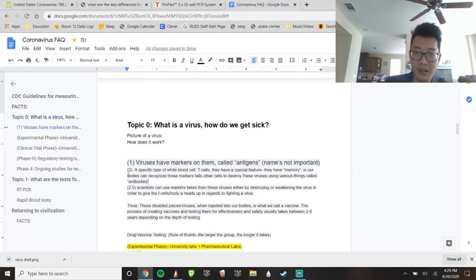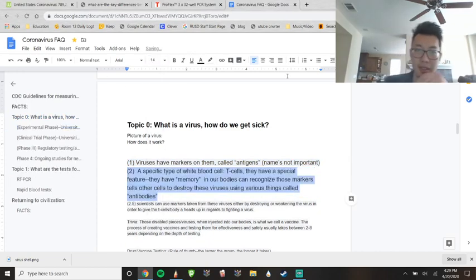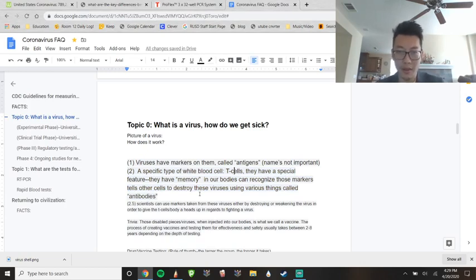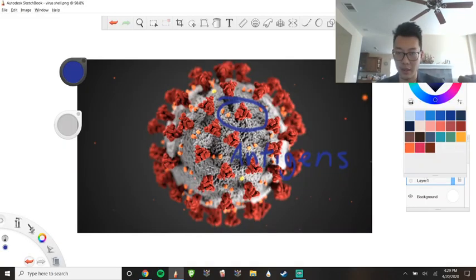Number two is there's a specific type of cell in our body, a white blood cell called T cells, and they have a special feature. They have a memory, so that in our bodies they can recognize those markers on viruses and tell other cells to destroy these using antibodies.